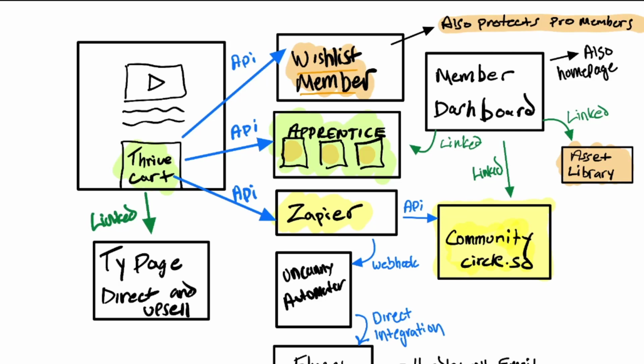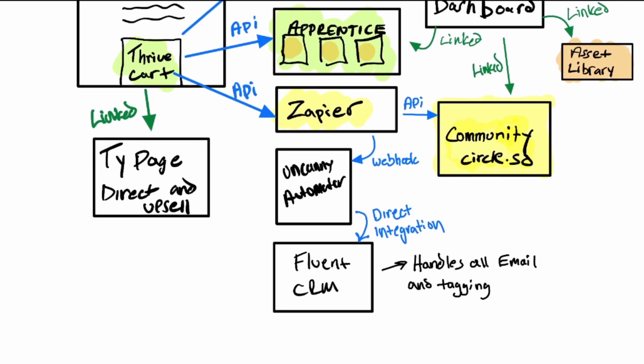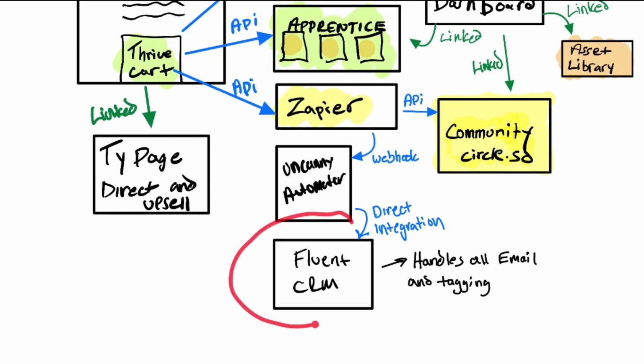Now, Zapier also does another thing for me, which is where we're going to go next. Zapier is also handling, unfortunately, getting people into my email service provider at the moment. And that's because I've made a really big change. I've moved my entire email list from ConvertKit over to, I'm going to scroll my map here, Fluent CRM.